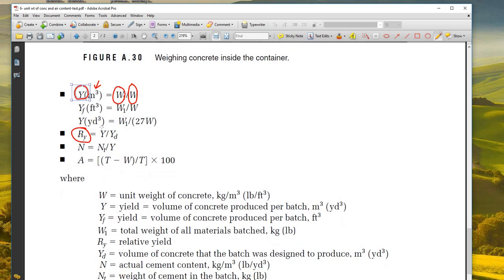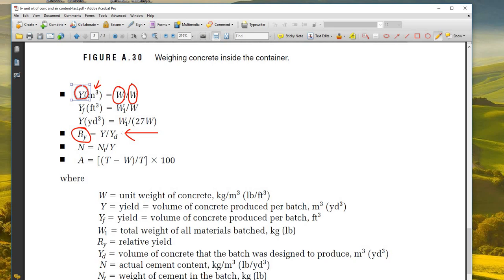This RY we call the relative yield. Y is the yield, which is the volume of concrete produced per batch. RY is the relative yield, which is the yield divided by YD.